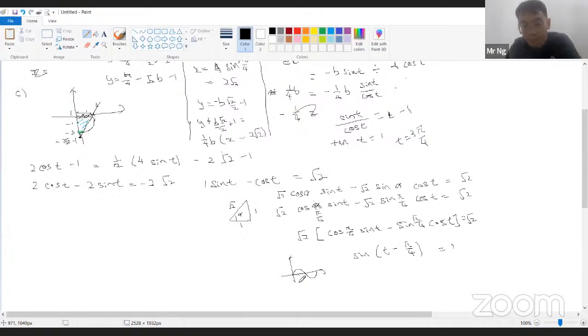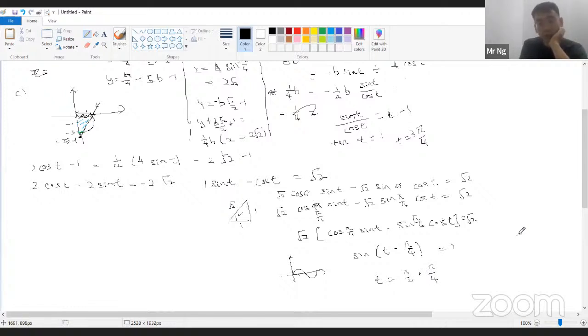Am I right? Should be plus, right? No, minus. So t will become pi over 2 plus pi over 4.